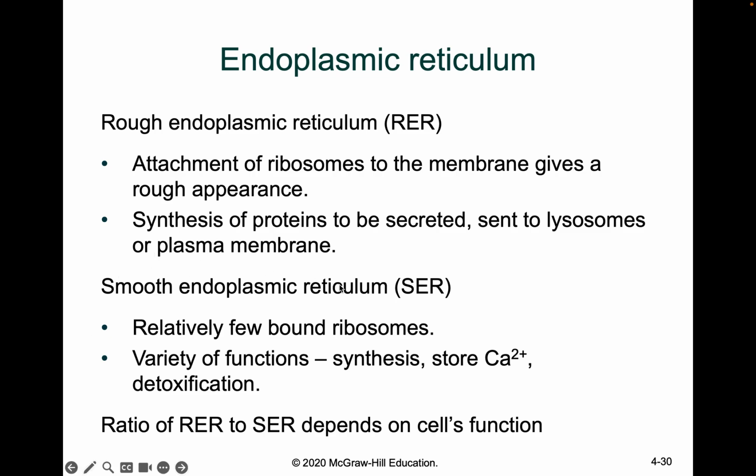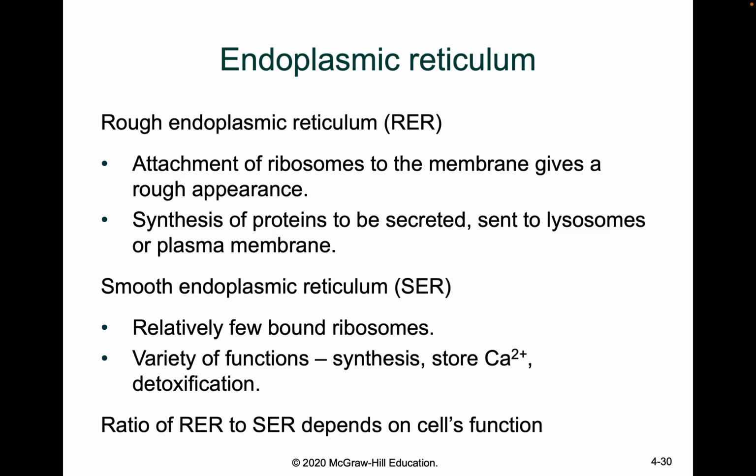Because these two have very different functions, whether you have more rough or smooth depends on cell function. For example, liver cells need a lot of smooth endoplasmic reticulum because the biggest function of our liver is to detoxify.